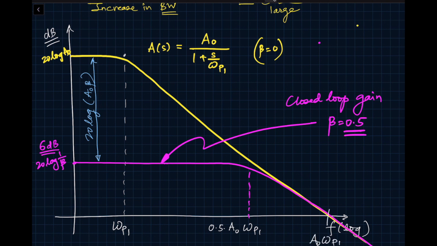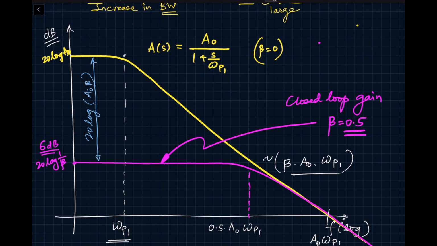So we can see clearly from this example that we went from a bandwidth of omega P1, which is right here, to all the way beta times A0 times omega P1 over here, an increase in the bandwidth from omega P1 to approximately A0 beta omega P1, assuming A0 beta is very large.